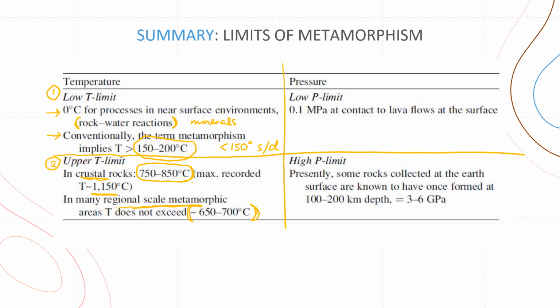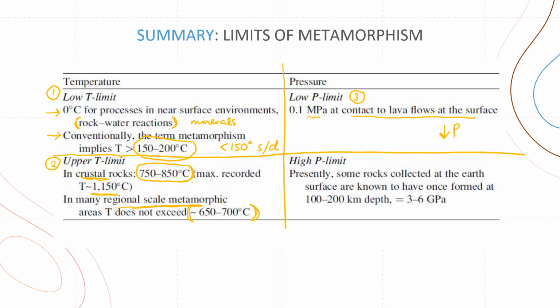So that is the upper limit of metamorphism. And as for pressure, as we looked at earlier, it is about 0.1 megapascal, so really low compared to what we had just looked at. So 0.1 megapascals at contact to lava flows at the surface, so very low pressure.